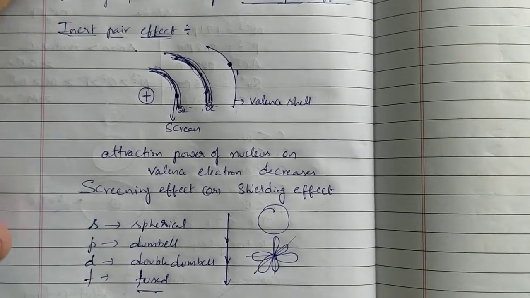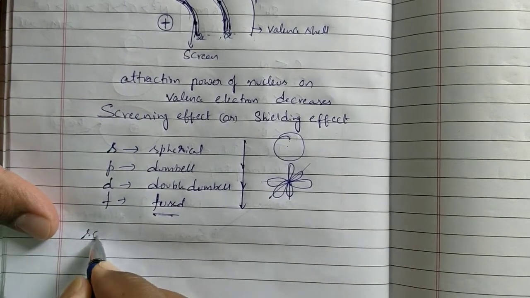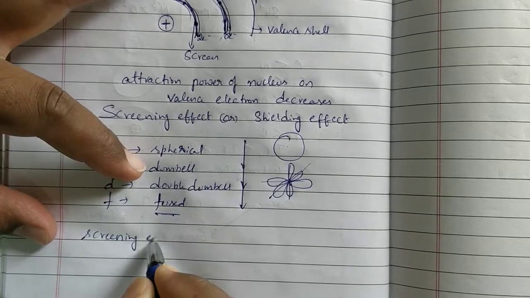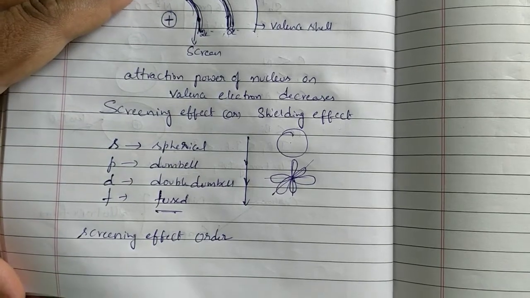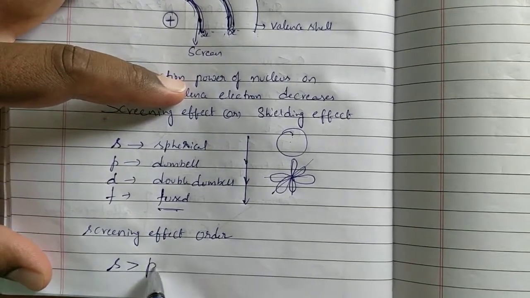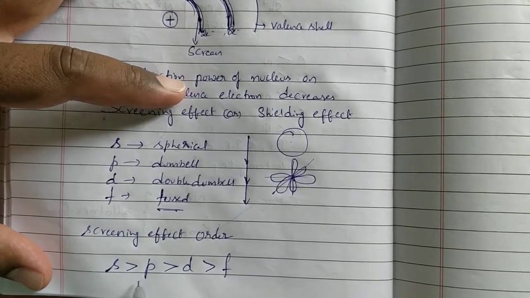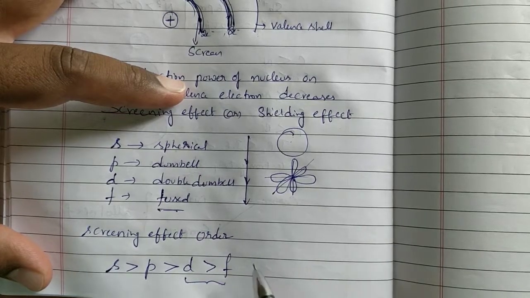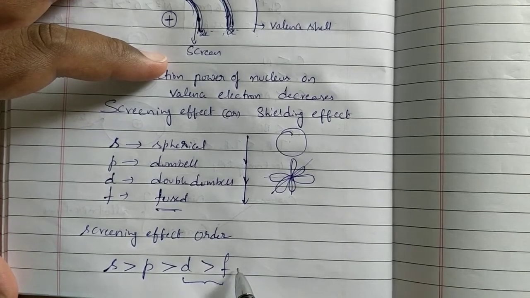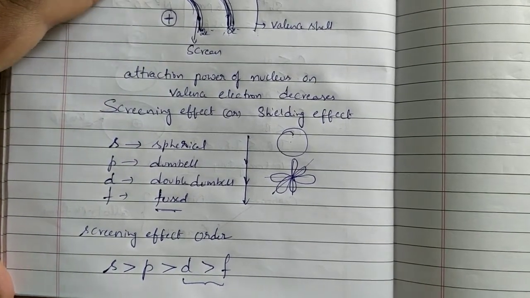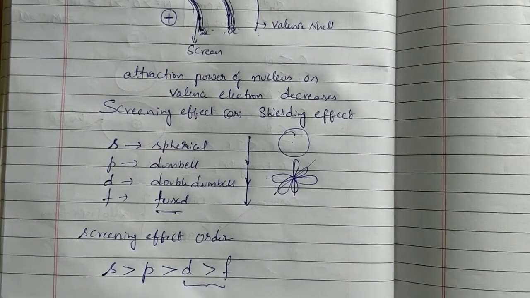So the screening effect order is s greater than p, p greater than d, d greater than f. Electrons present in d and f orbitals have poor shielding effect.